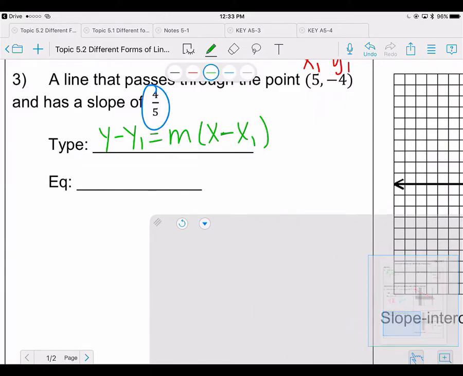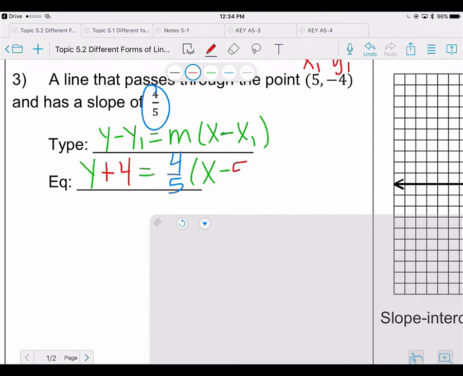When I plug in, my points become the opposite. So y plus 4, because that is the opposite of a negative 4, equals my slope of 4/5 times x minus my point of 5. So again, I just want to point out, notice how your point 5 became negative, negative 4 became positive.